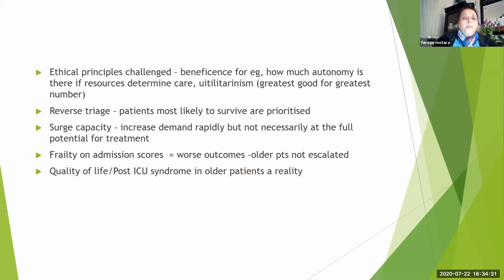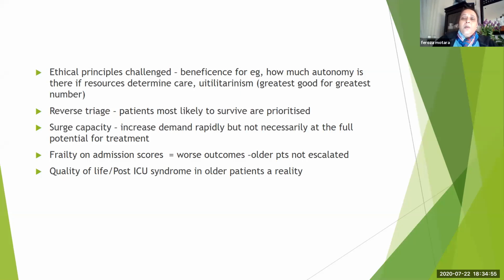Things like surge capacity, where we're rapidly increasing capacity, but we're not necessarily increasing the level of care and the potential for full treatment. Things like frailty scores on admission are being used, where older patients with higher frailty scores have a worse outcome and are generally not escalated.